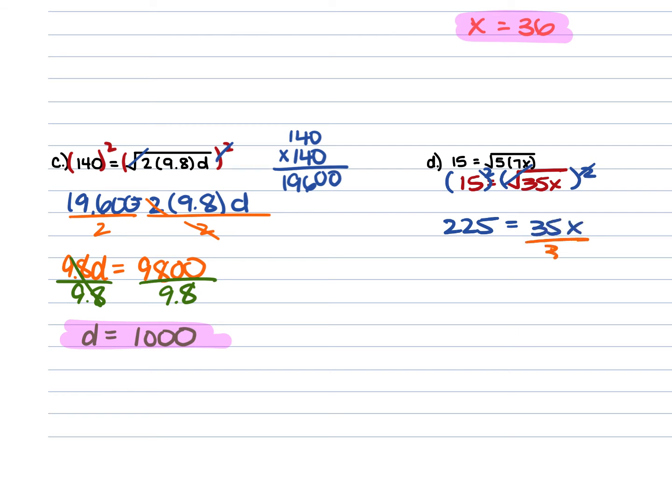From here, we're going to divide each side by the 35. So this is going to give us that x is equal to 225 over 35. We can divide both of these by 5. And this is going to give us 45 over 7.